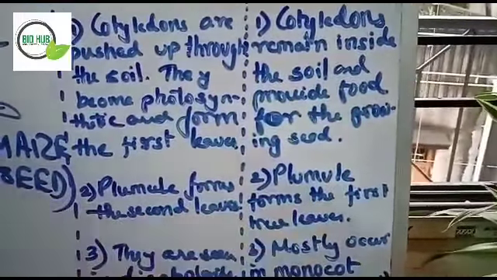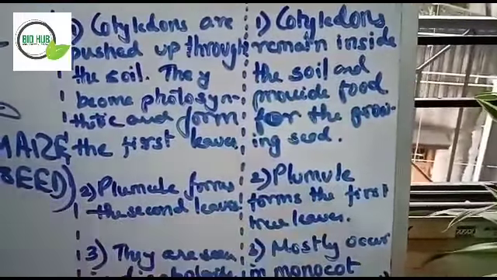The third point: epigeal germination is seen in dicot plants, for example beans, and hypogeal germination mostly occurs in monocot plants, such as wheat, and in some dicot plants such as gram. So this is what we learned today.